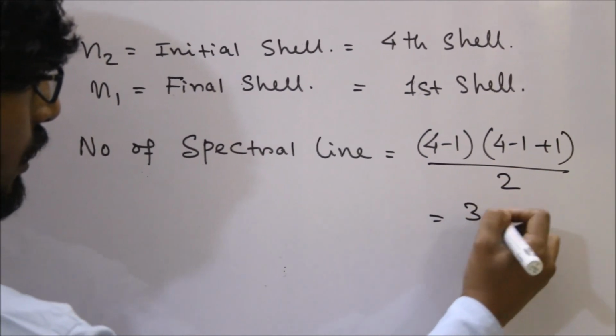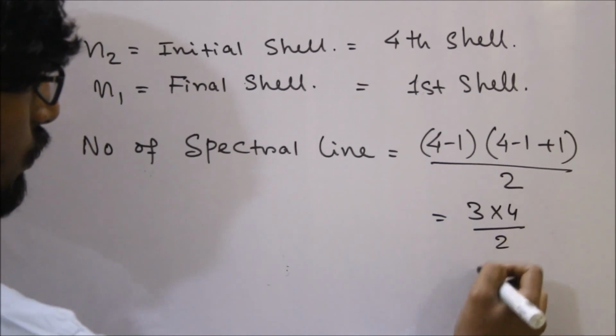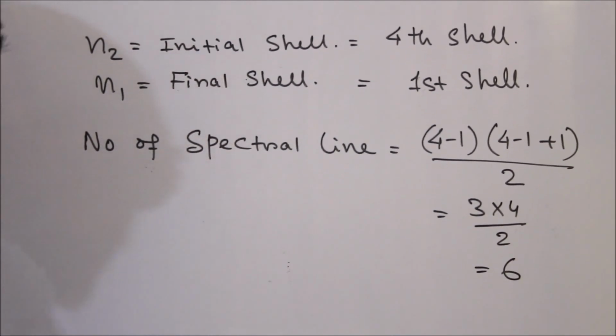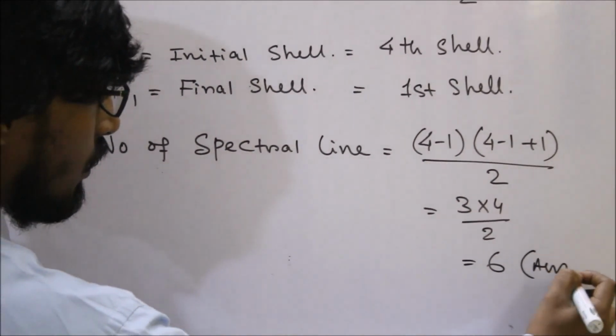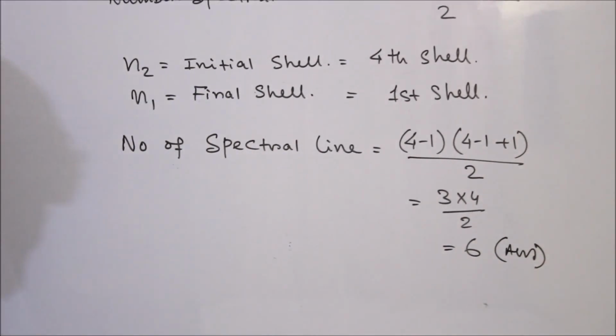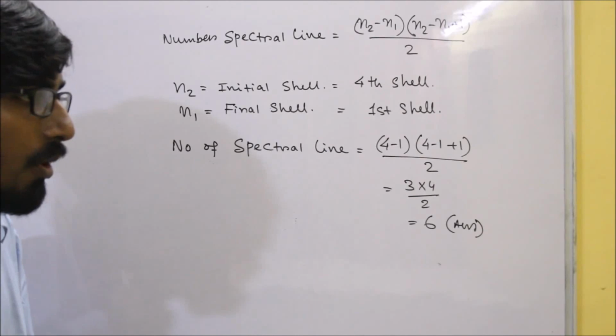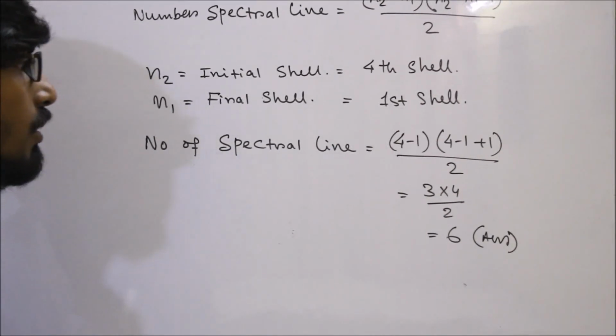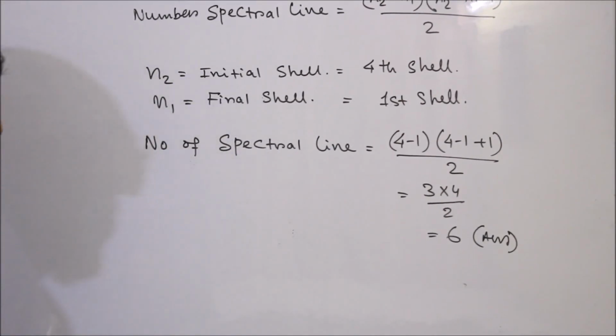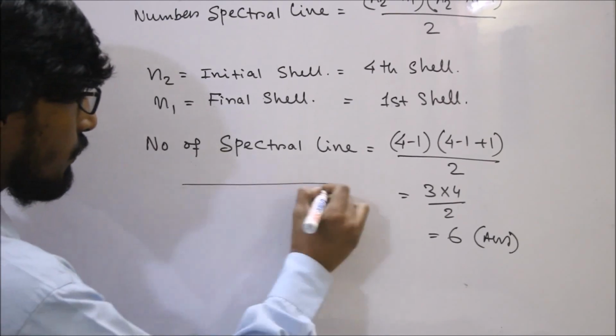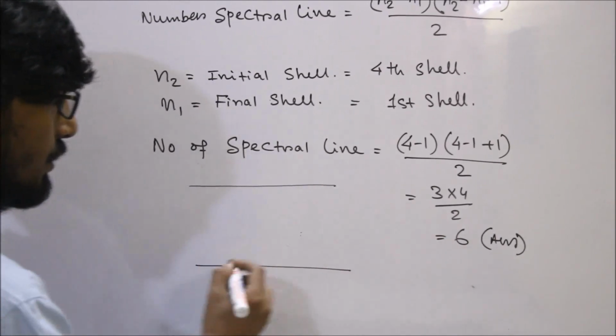That means 3 into 4 by 2. So 6 will be our answer. So total number of spectral lines observed when an electron jumps from fourth shell to the first shell will be 6.